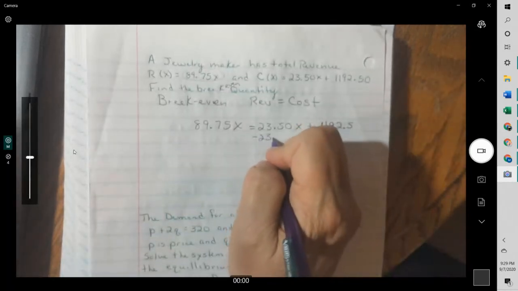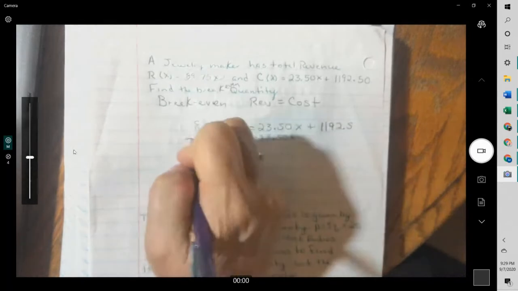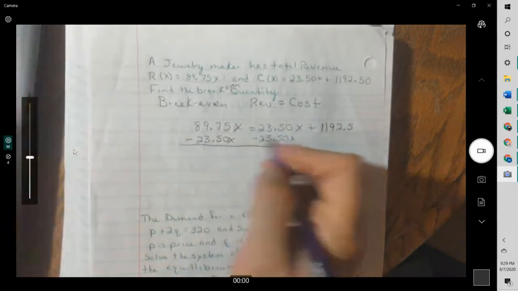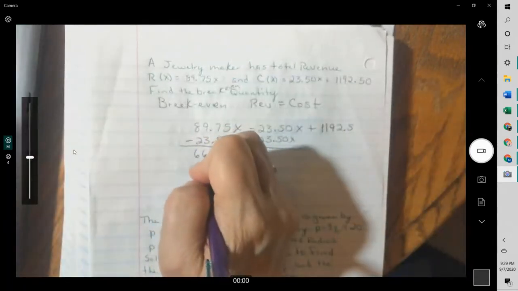Subtract this to the other side. We get 66.25x.